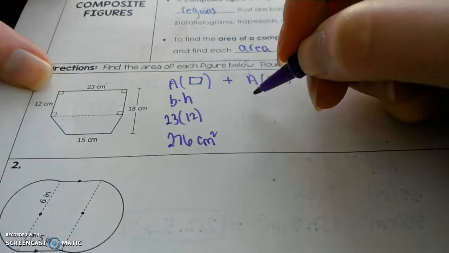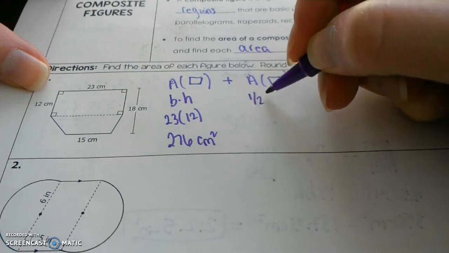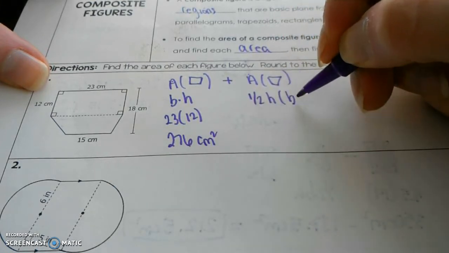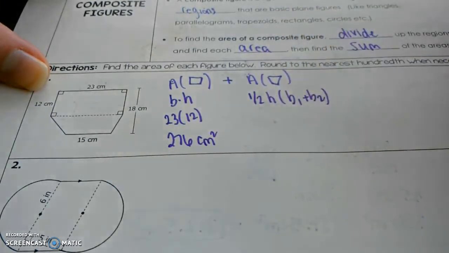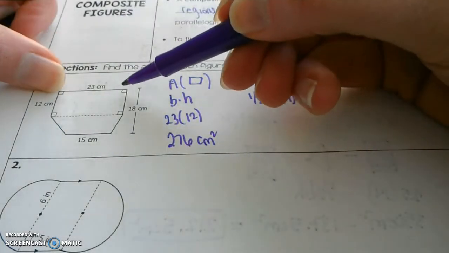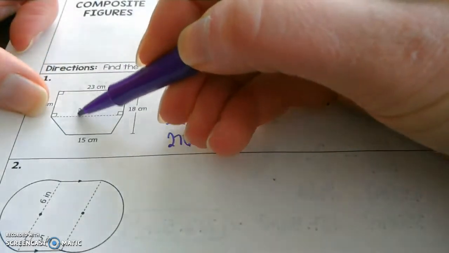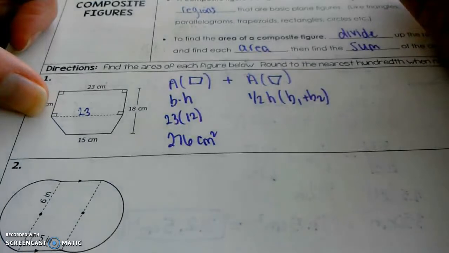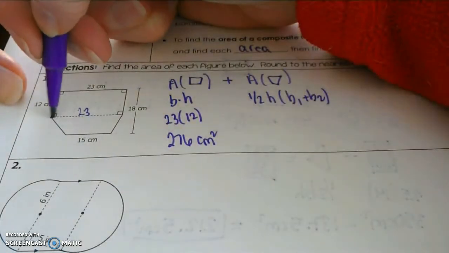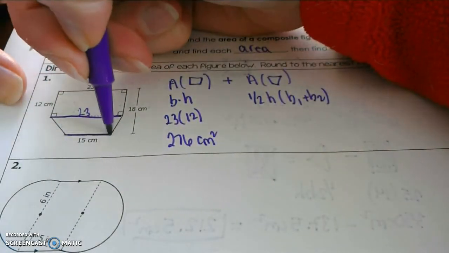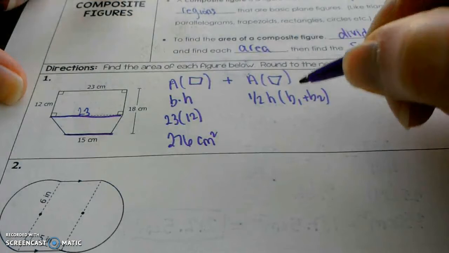Now, the area of a trapezoid is half the height times the sum of the bases. So if you were confused on this in your homework, watch carefully. If this side's 23, then parallel to it, this is also 23. Now, the bases are the two sides parallel to each other that never touch.